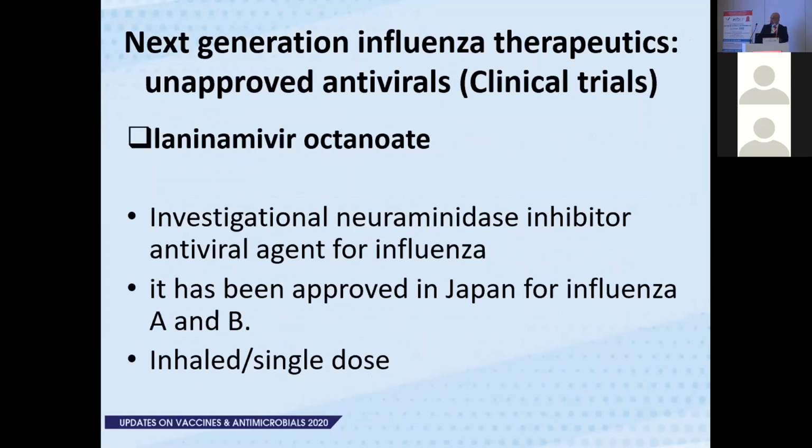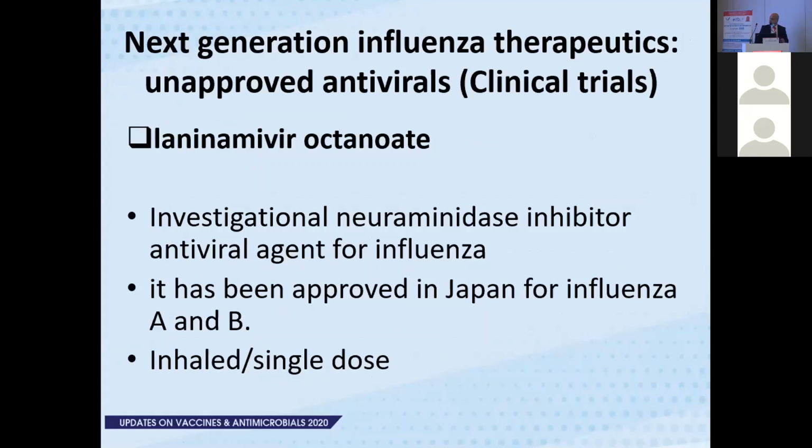The last part of my talk will be about the next generation influenza therapeutics, unapproved antivirals. Actually, they are under clinical trials for their effect against influenza. Some of them are antivirals that do exist, but they are trialing them for a different usage, as I will mention in the next few slides.